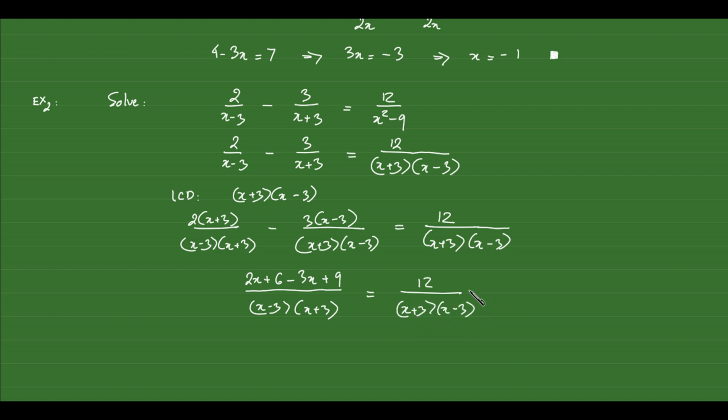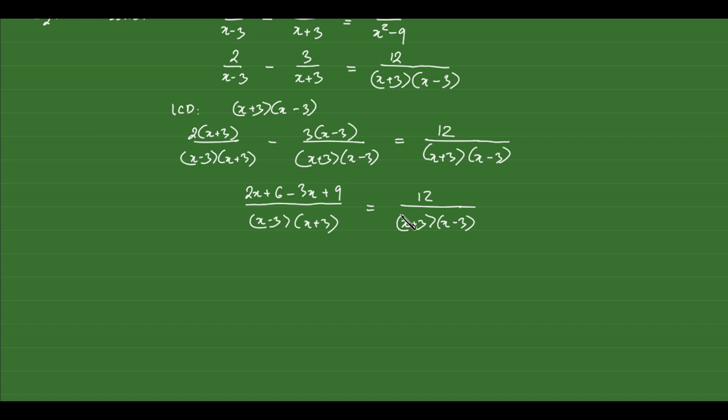Now I have a proportion with the same denominator. So over here we have negative x, 6 plus 9 is 15, over x plus 3, x minus 3, equals 12 over x plus 3, x minus 3.